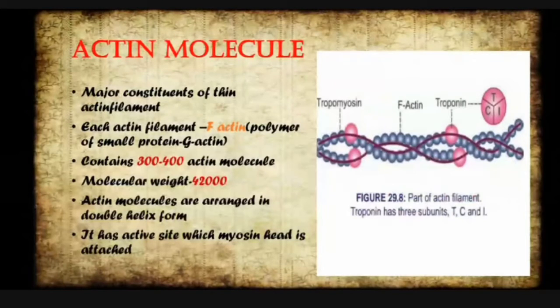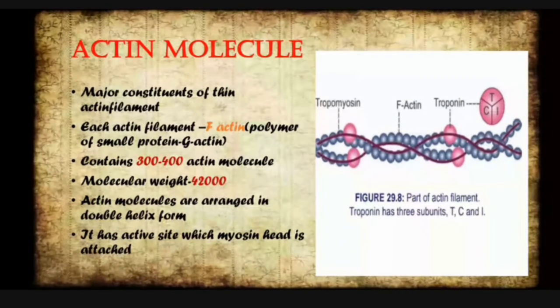Actin molecule. Major constituent of the thin actin filament. Each actin filament, F-actin, which is a polymer of the small protein G-actin, contains 300 to 400 actin molecules and their molecular weight is 42,000. Actin molecules are arranged in double helix form.